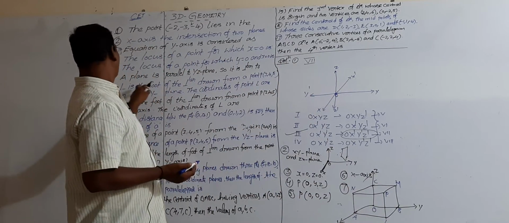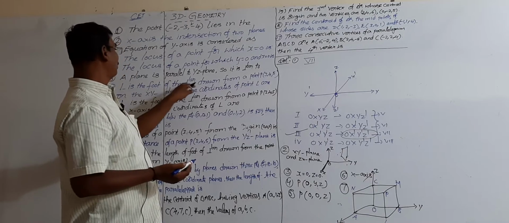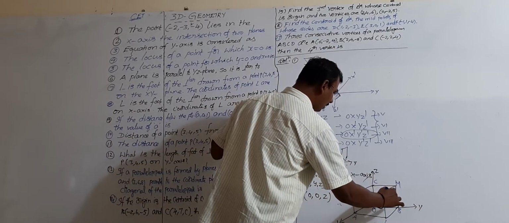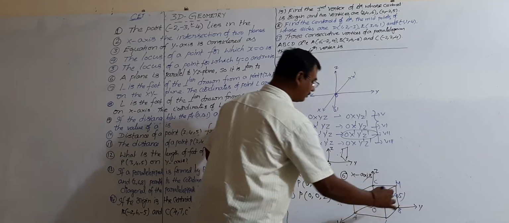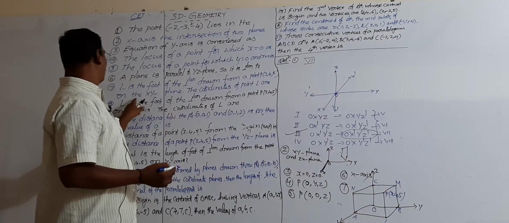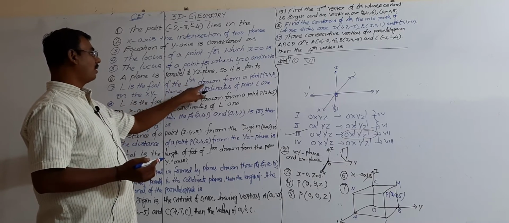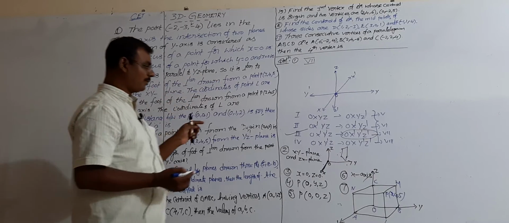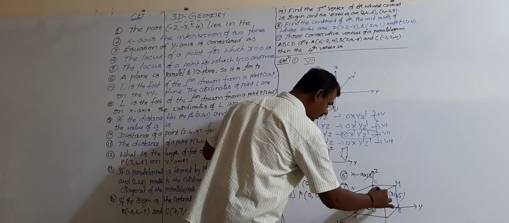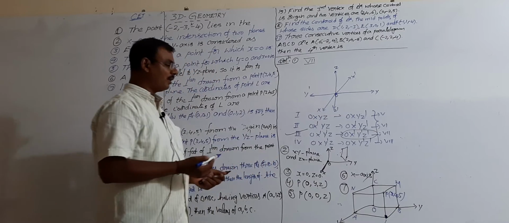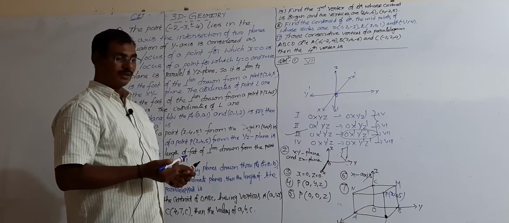Now the question number 7. The point is (3, 4, 5). L is the foot of the perpendicular drawn from the point to the XY plane. So this is called the foot of the perpendicular of the point P in the XY plane.